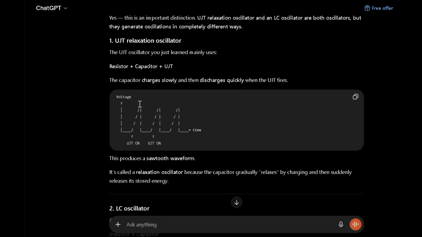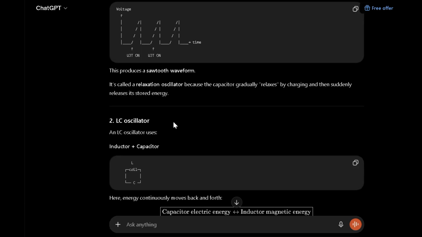So both are oscillators, LC is an oscillator, UJT is a relaxation oscillator.